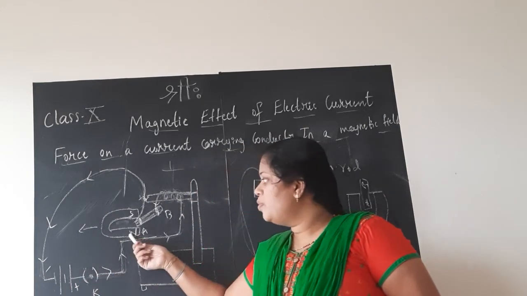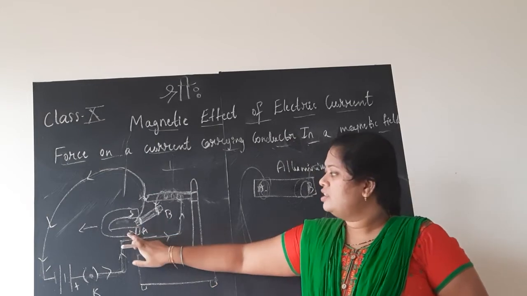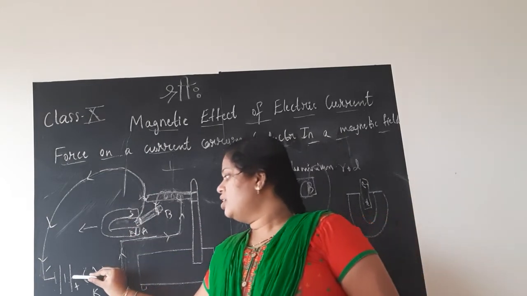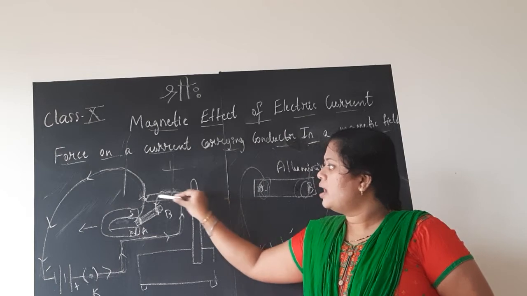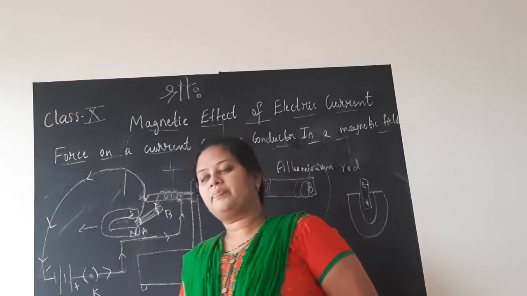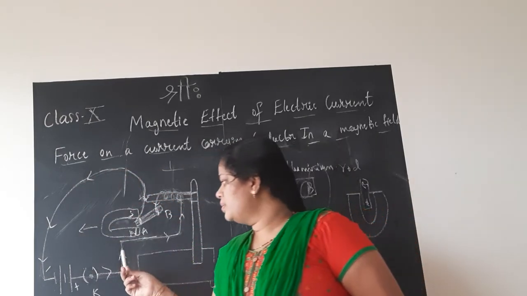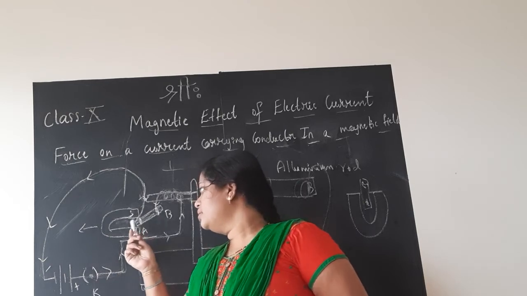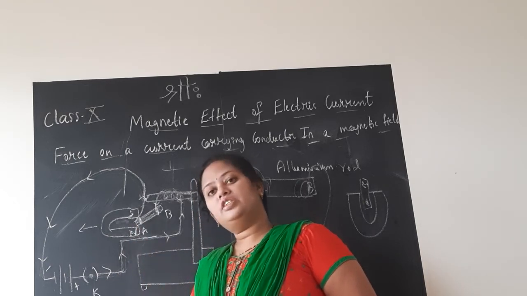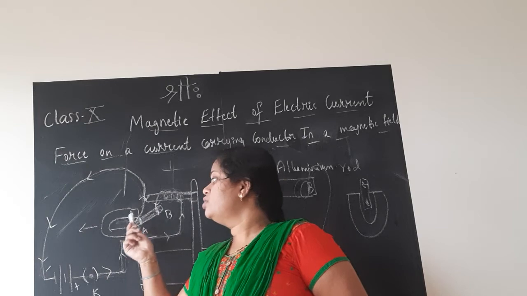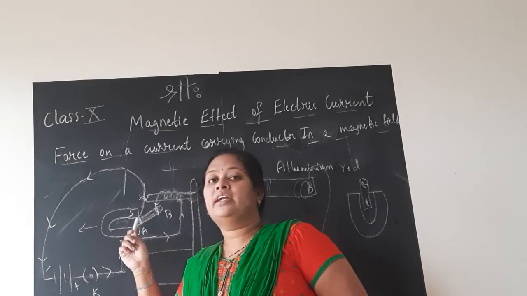And the north pole is placed below. So current is flowing in the upward direction now. When this current is passed, we all know that the current carrying conductor produces a magnetic field around it, and it is also placed inside one more magnetic field.